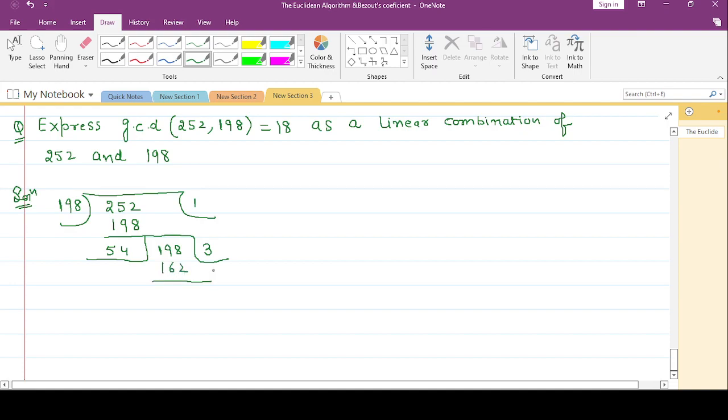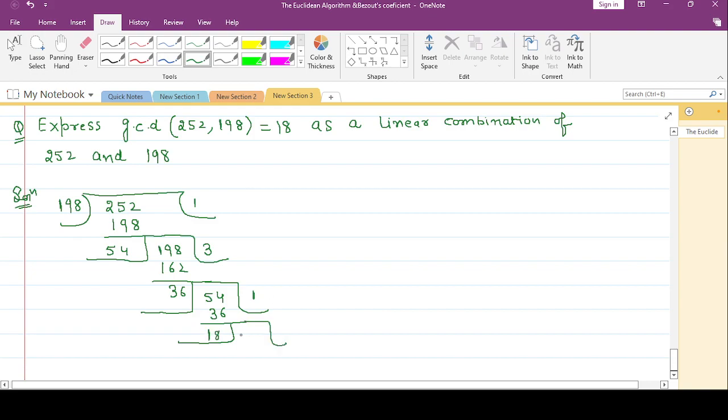Now we subtract 162 from 198. The answer is 36. So this remainder now becomes the divisor, and the previous divisor becomes the dividend. So 36 ones are 36. So 54 minus 36 is 18.